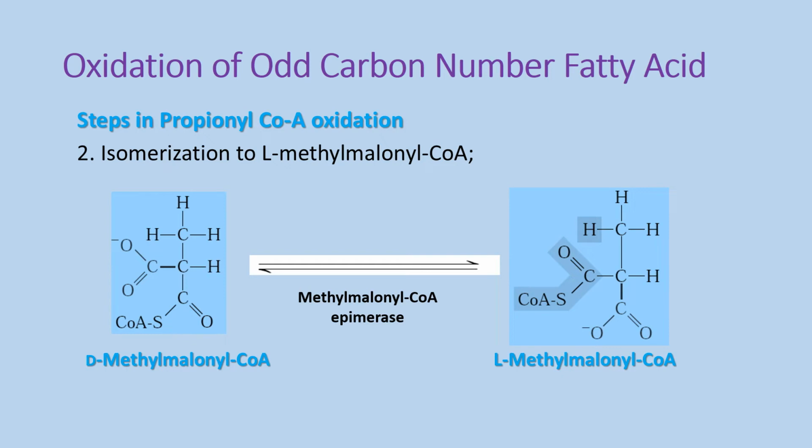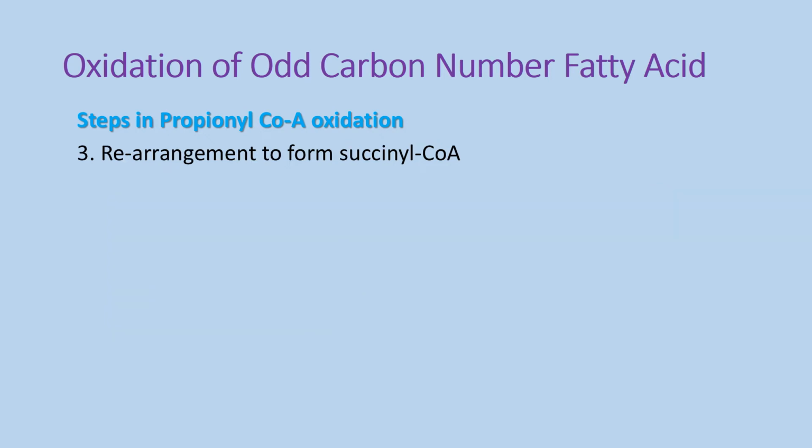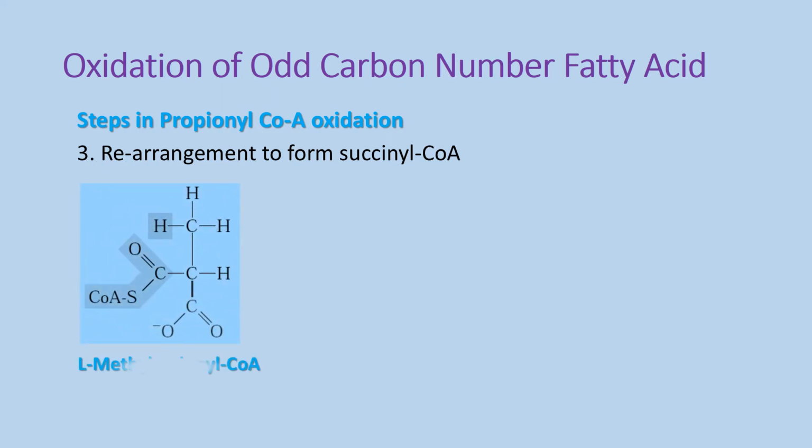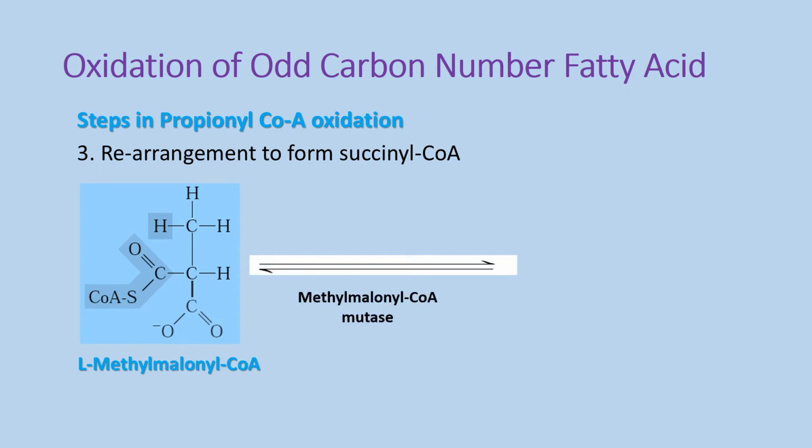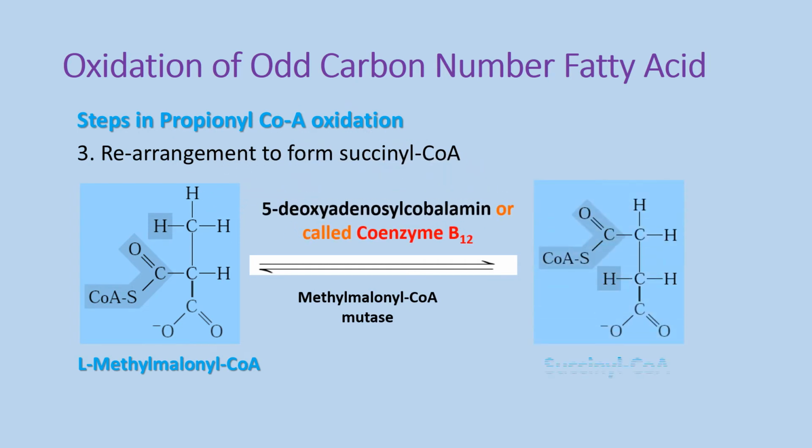After this isomerization, the next step is rearrangement to form succinyl-CoA. The L-methylmalonyl-CoA undergoes an intramolecular rearrangement to form succinyl-CoA. So succinyl-CoA is then able to enter into the citric acid cycle.